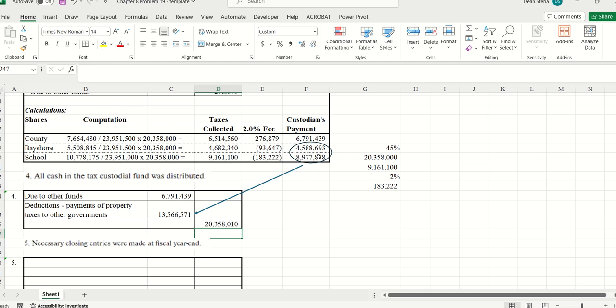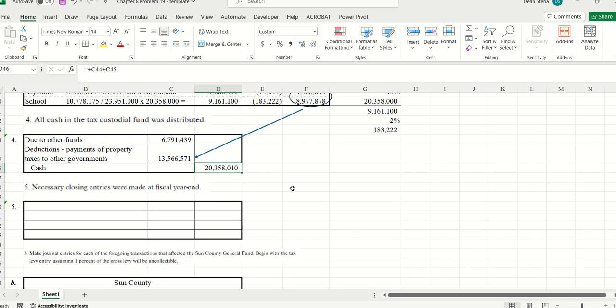And then these payments right here, they're payments of property taxes to other governments. So that 13 is going to go to them. And the total is cash. So they're getting their money. Those two are getting their money. And then we credit cash for the total amount. Okay, I hope that makes sense.